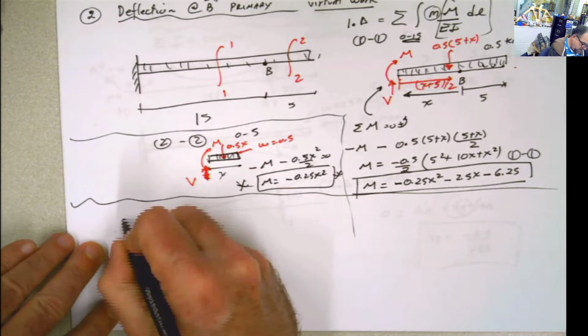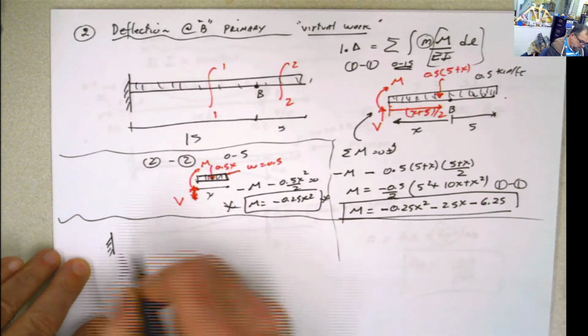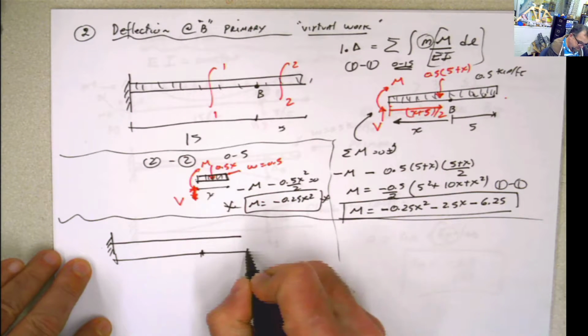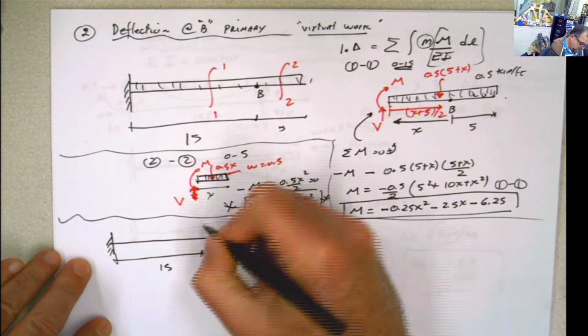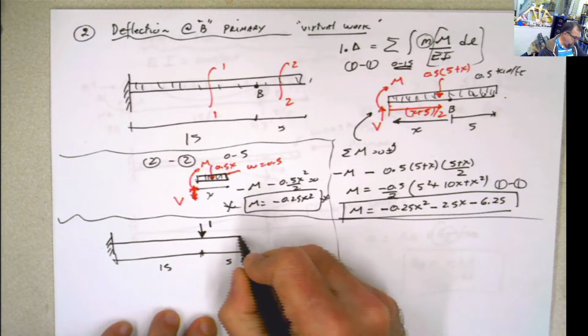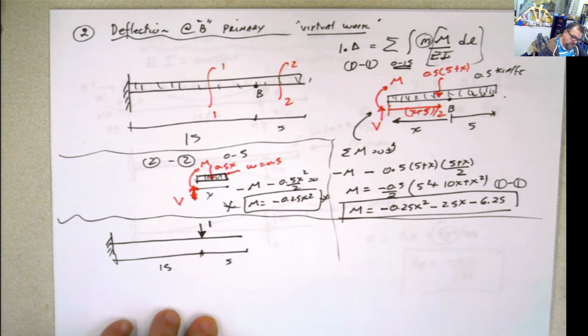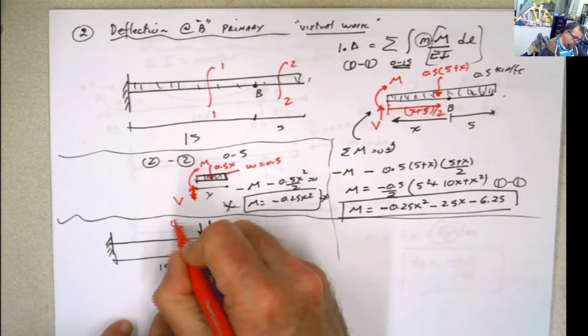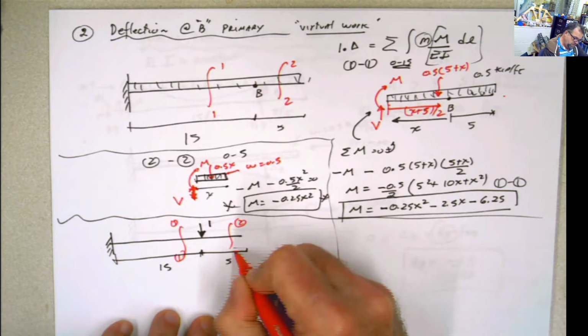So I'm gonna do that here, same thing, 15.5, and here now I'm going to put my virtual load, or my unit load, over there, because I did that, so I'm gonna use the same type of cuts, 1, 1, 2, 2.